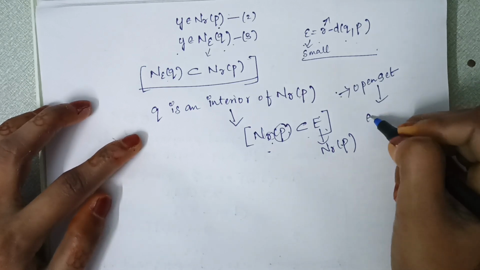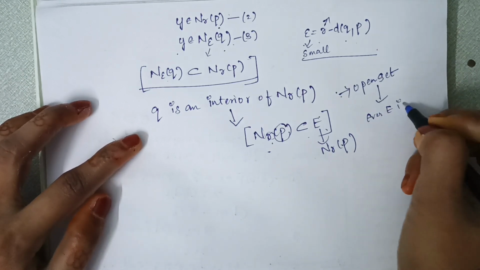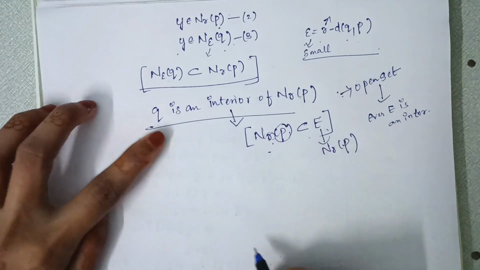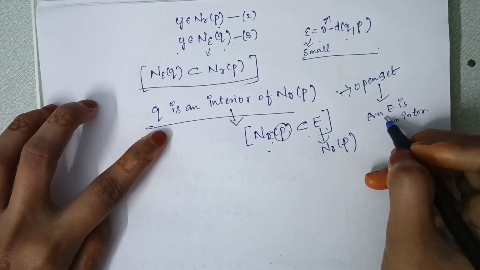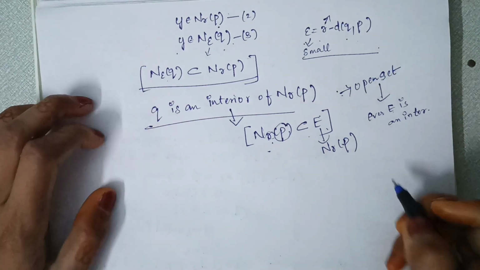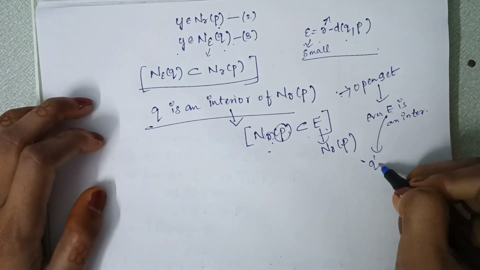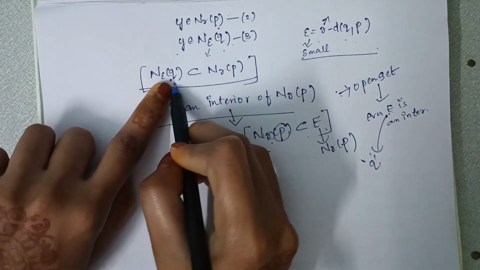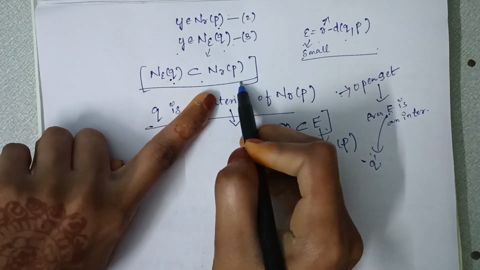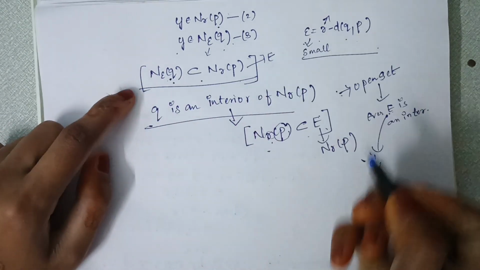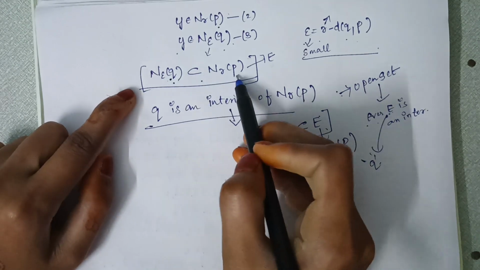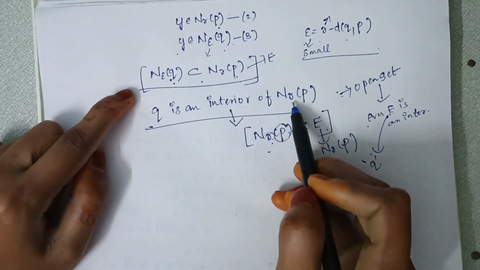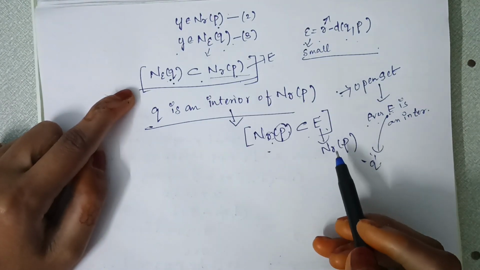Every point of E is an interior point of E. We already proved Q is an interior point. So every point of E, and above we considered Q as any point in E. This is E, right? And every point of E is an interior point of E. Then we can say that this is an open set.